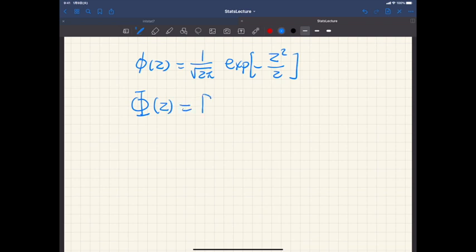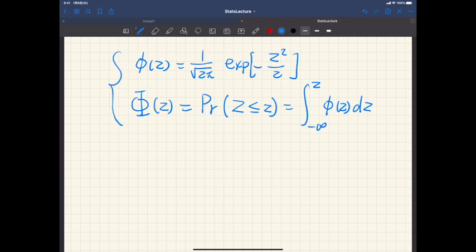By definition, it's the probability that this random variable takes a value less than or equal to some given value, which is given by this integral from negative infinity to z of phi of z dz. So this is for the standard normal distribution.